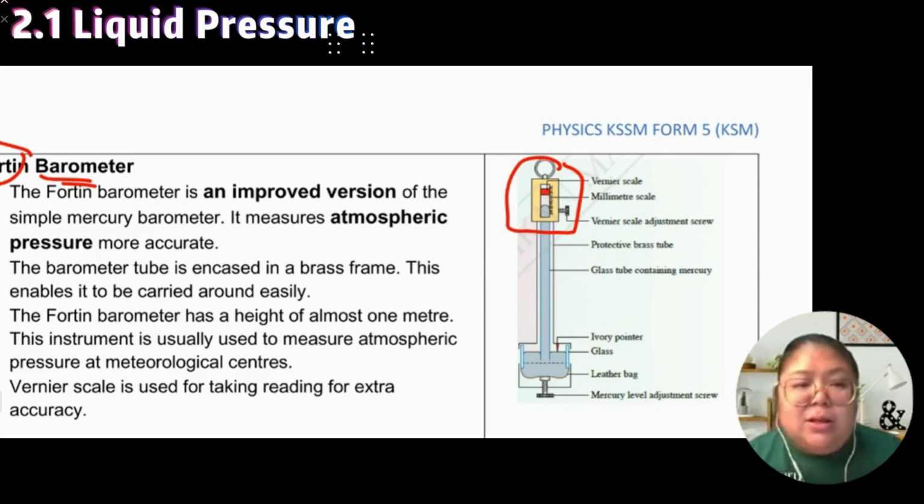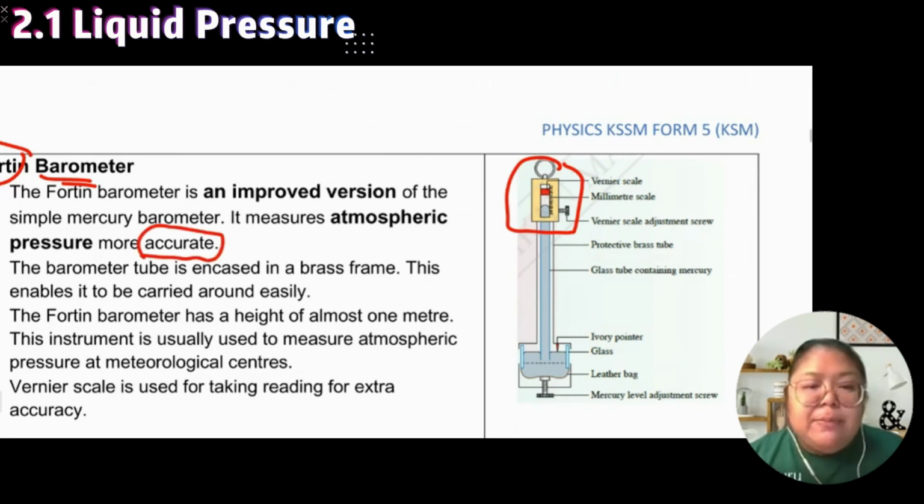The Fortin barometer is an improved version of the simple mercury barometer. It is more accurate because there is a meter to show. It measures the atmospheric pressure more accurately. The barometer tube is encased in a brass front, which enables it to be carried around easily. You can bring it anywhere to measure. The Fortin barometer has a height of almost 1 meter.